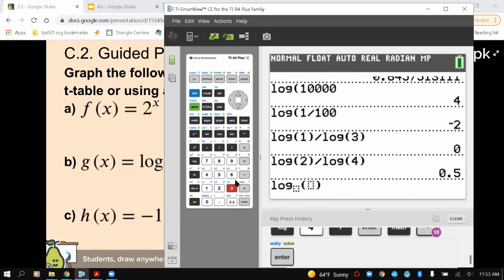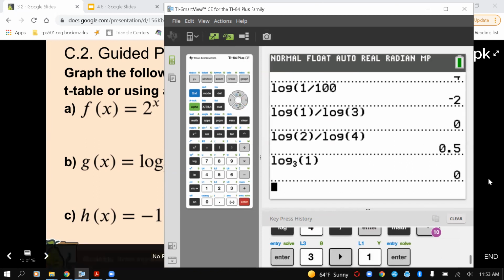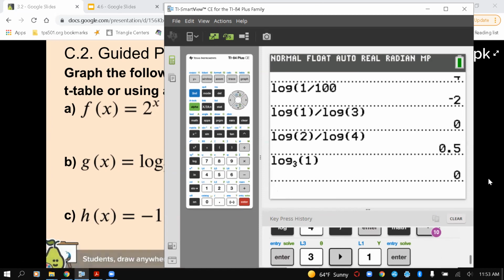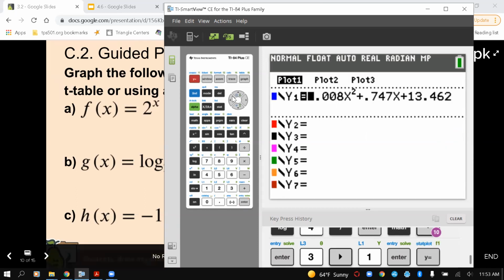So you could do log base 3 of 1 is 0. Most of my calculators have it. I think there are 3 that don't. But you can use that to graph it and all that.